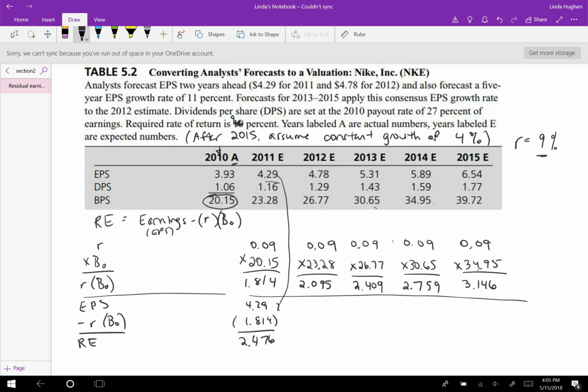This is residual earnings per share. And in the following year, $2.013.